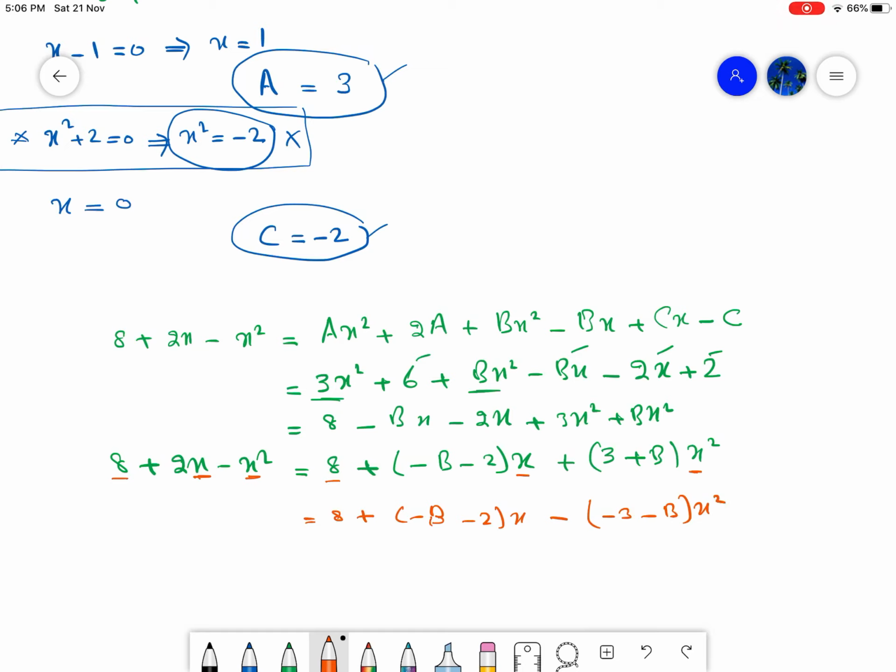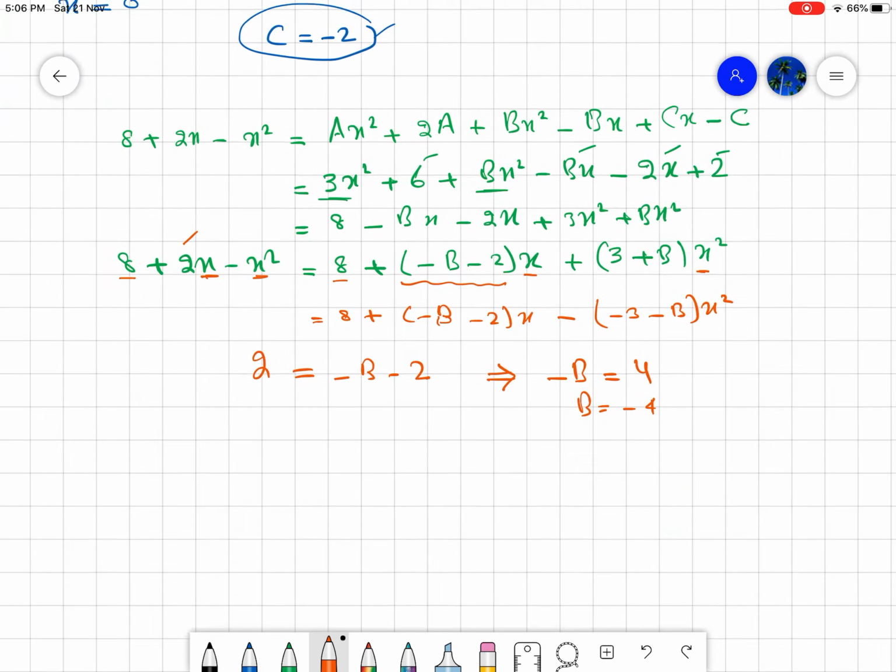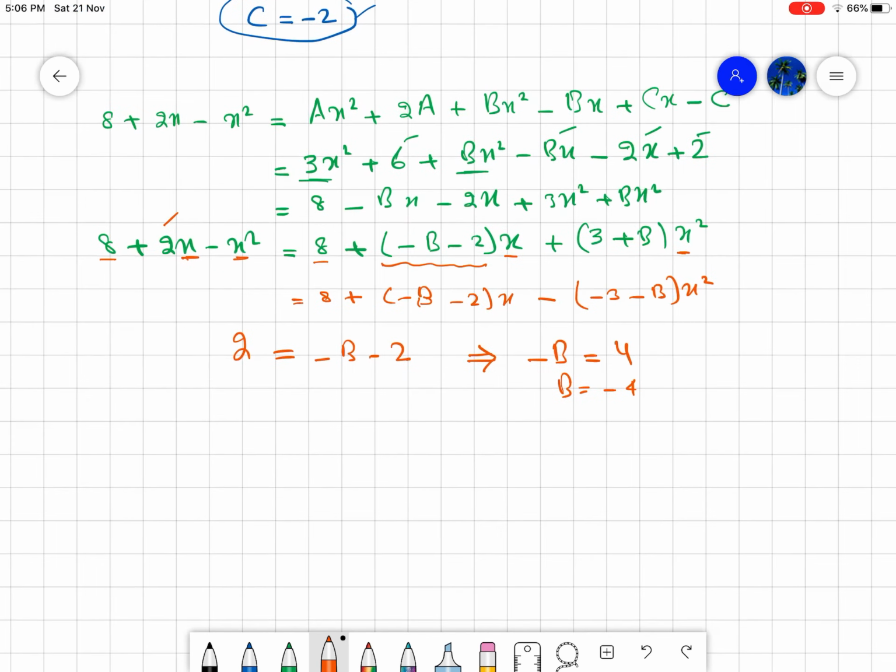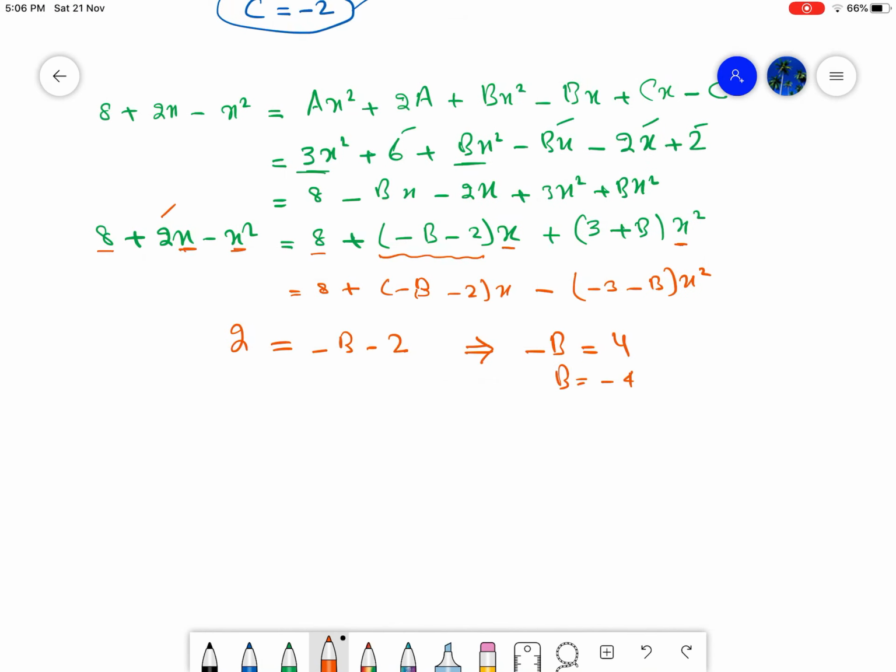Anyhow, we can compare the coefficient of x. The coefficient of x here is 2, and the coefficient of x here is minus b minus 2. Simplifying this one, we get minus b is equal to 2 plus 2 is 4, and b is equal to -4. So this is the approach we have to use in solving these sort of problems.